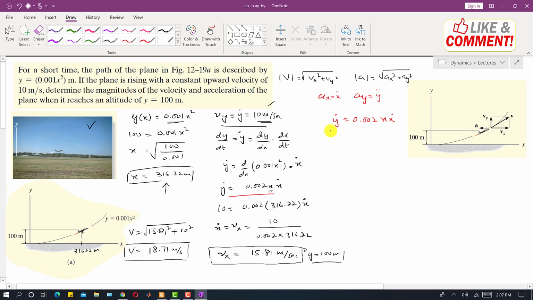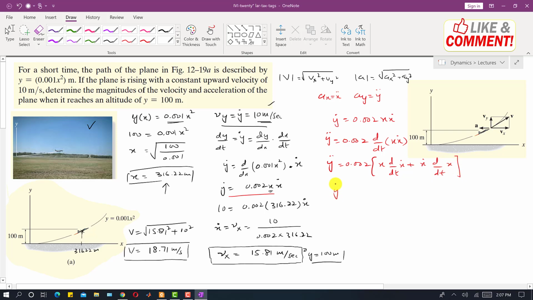We have to find the time derivative of this y dot again, to find y double dot. So y double dot will be equal to 0.002 times the time derivative of x dot, and we have to apply the product rule now, right? So then this will be x d by dt of x dot plus x dot d by dt of x.